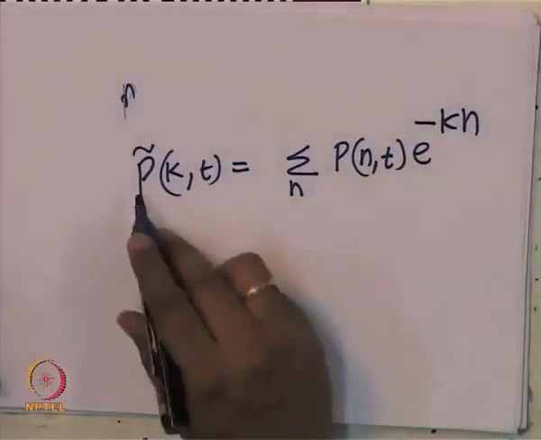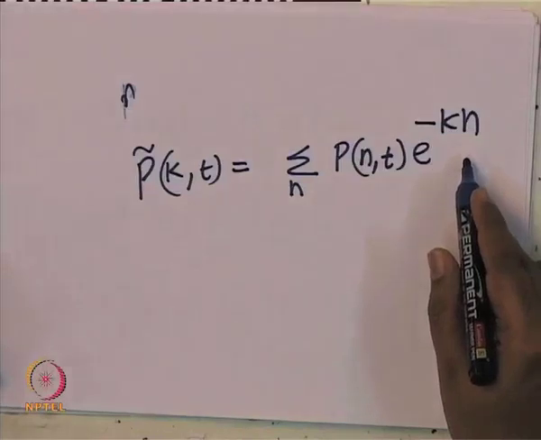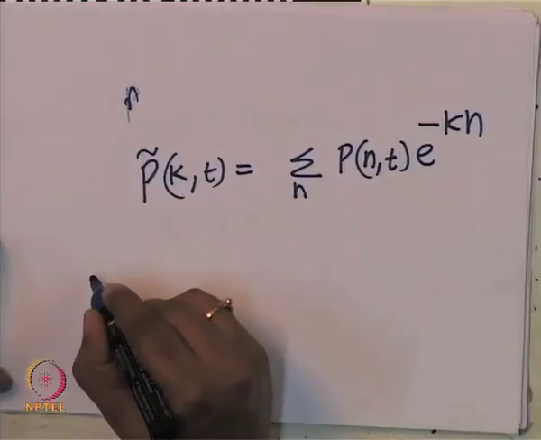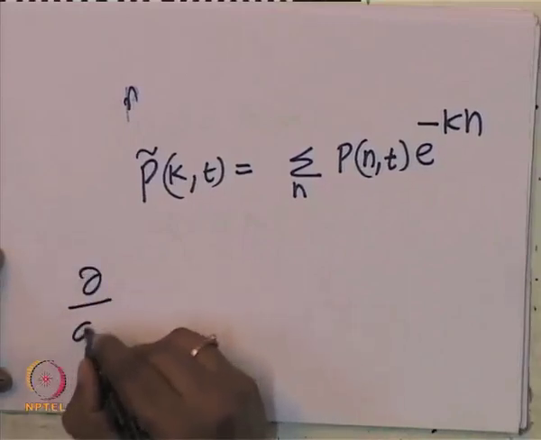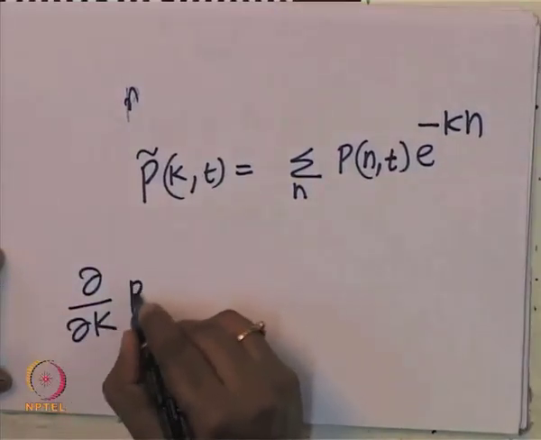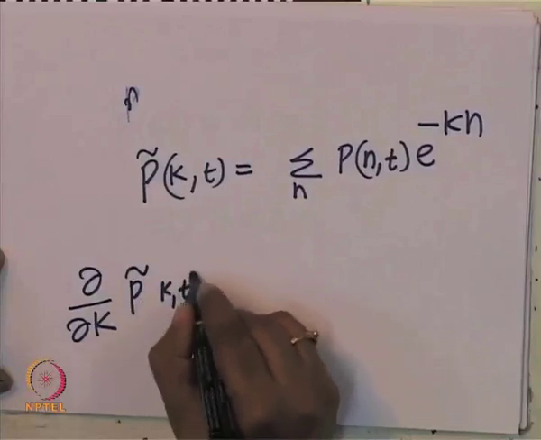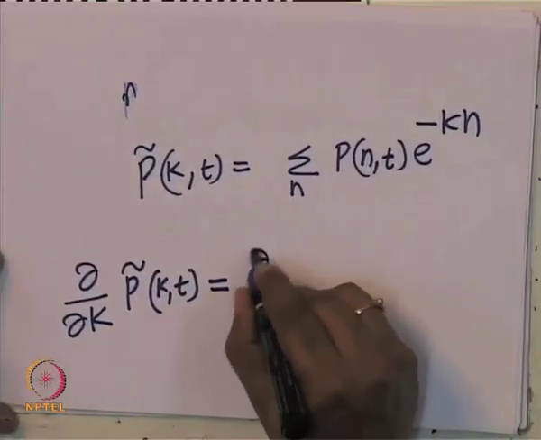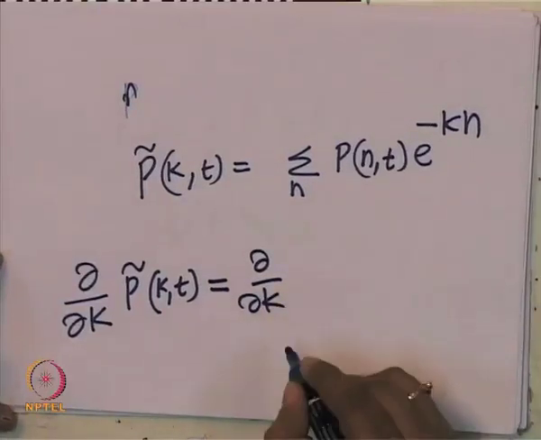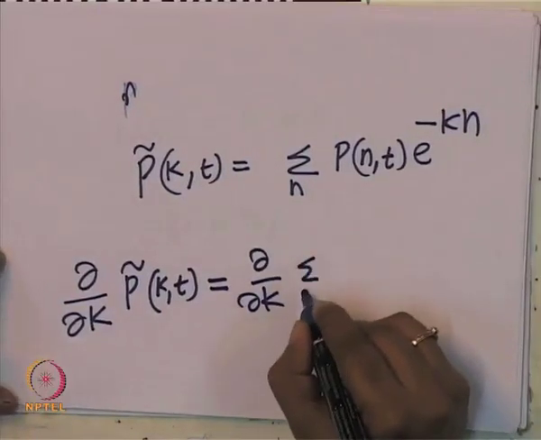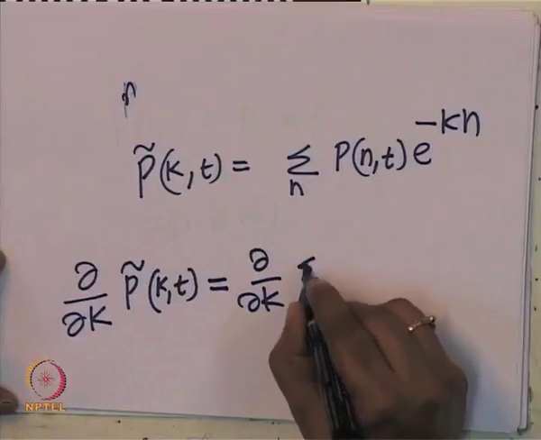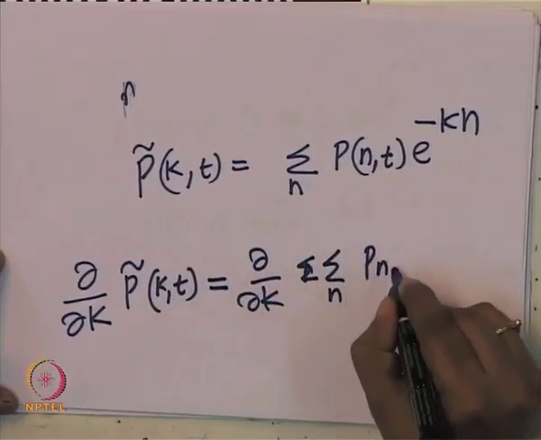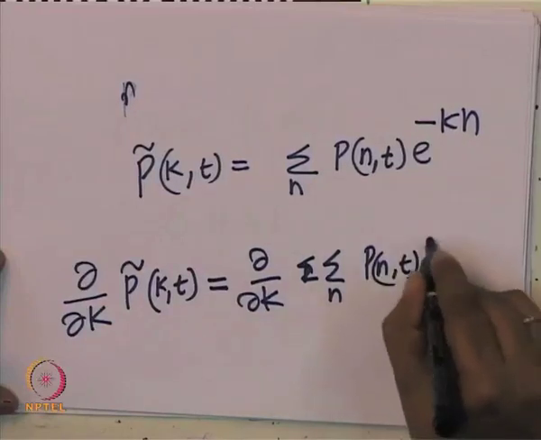Now, if I take a derivative on both sides with respect to k, so let us say I do del by del k of p tilde of k comma t, this is nothing but del by del k of the sum over n. The sum over n I can take outside.